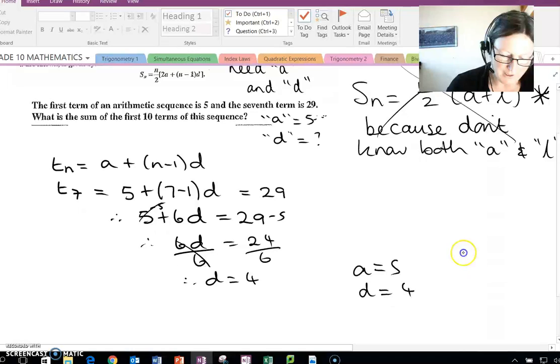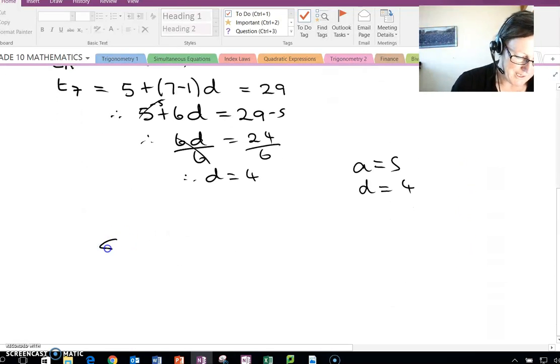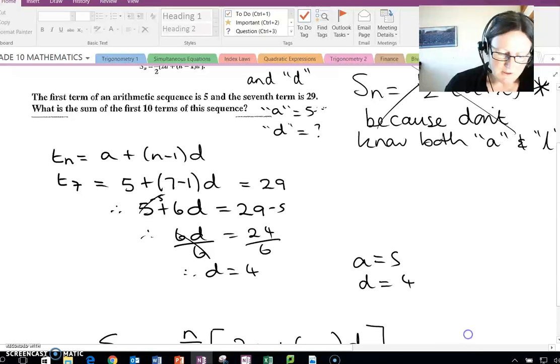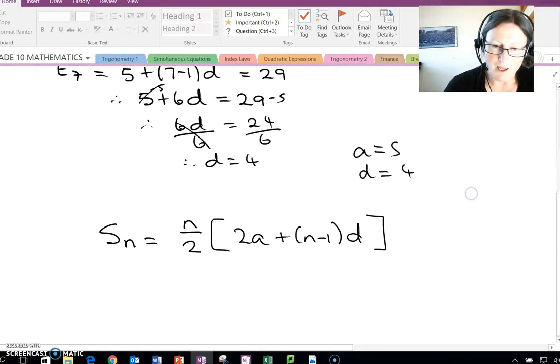Now, just a reminder, our alternate formula: Sn is equal to n over 2, 2a plus n minus 1 times D. Let's go back to the question. What is the sum of the first 10 terms? So we've got A, we've got D, and it's wanting to know when n is 10.